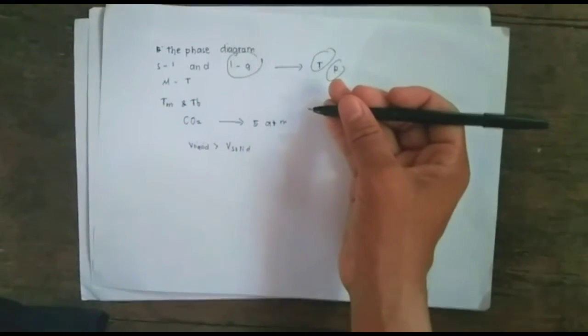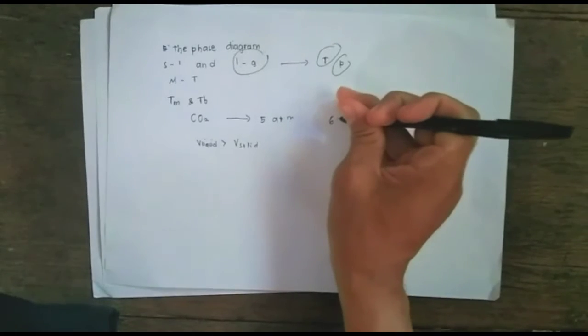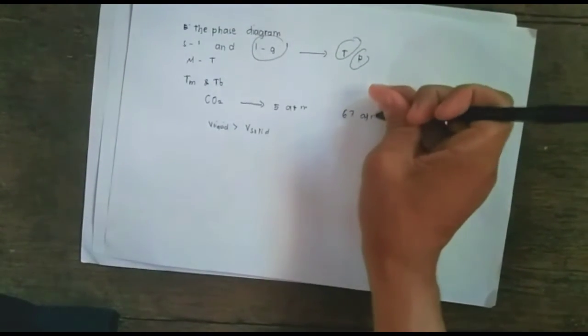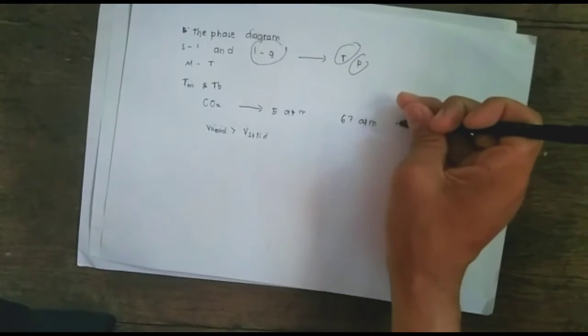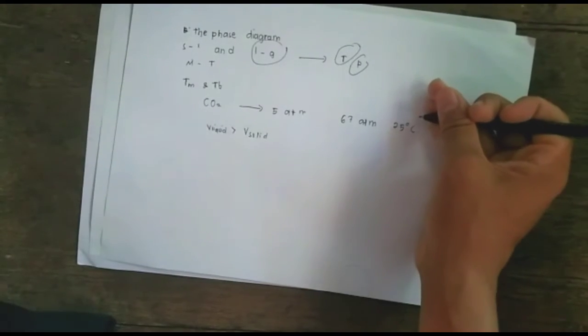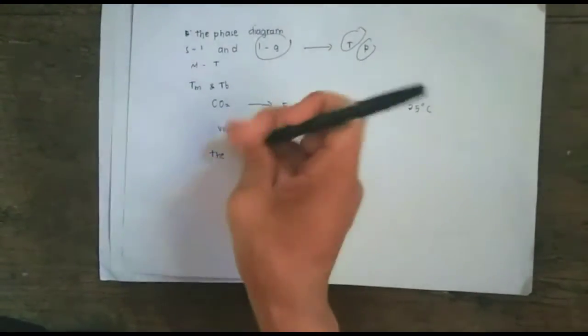The pressure in the cylinder is about 16.5 atm at 25 Celsius. This is the phase diagram.